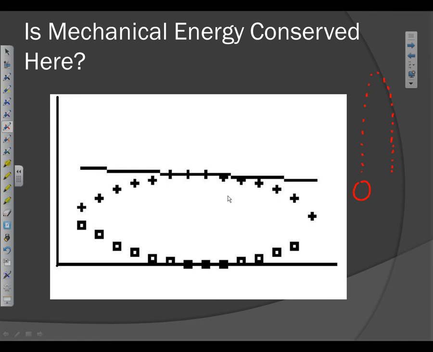Okay. So as this ball goes up, it comes back down, right? Right when it leaves my hand. So if this represents my hand, ooh, my arm is real skinny, right? As soon as it leaves my hand, what is that ball doing? Is it moving or not moving?